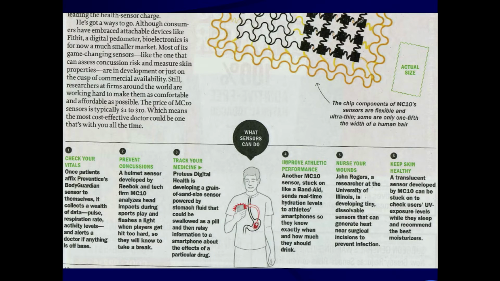And then keep skin healthy. So another sensor, okay, which will stick on the skin and check the user's UV exposure levels, okay. So again, these are all for the US, we do not need that. All it tells you is that we can make devices which will monitor and tell us what is happening in our body, and if something goes wrong, especially for elders, assisted living, for handicapped people, all that, this will be very helpful.